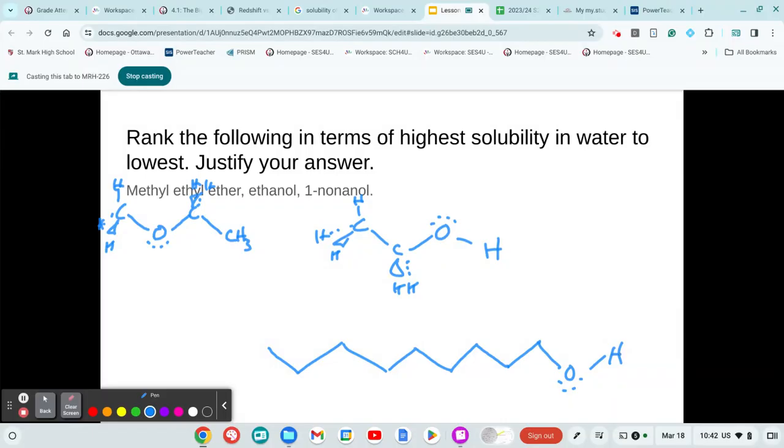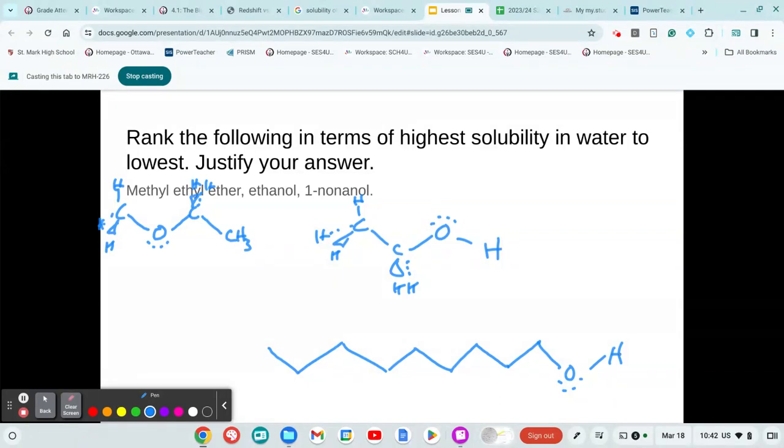Looking at this, all of them have an oxygen in them. The ethanol has an oxygen bonded to a hydrogen, as does the nonenol. So when we look at these three, we've got a bunch of things to consider here.